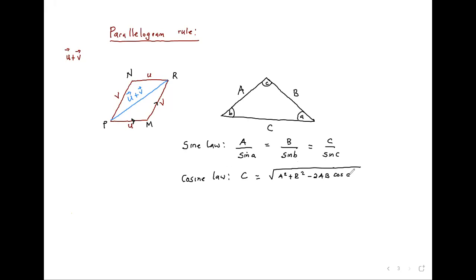So you can be asked anything at once. In case you're given two vectors and an angle, suppose you're given something like this, an angle of 30, and you're told this is 3, that is 4, and you must find this side, then you use cosine law.